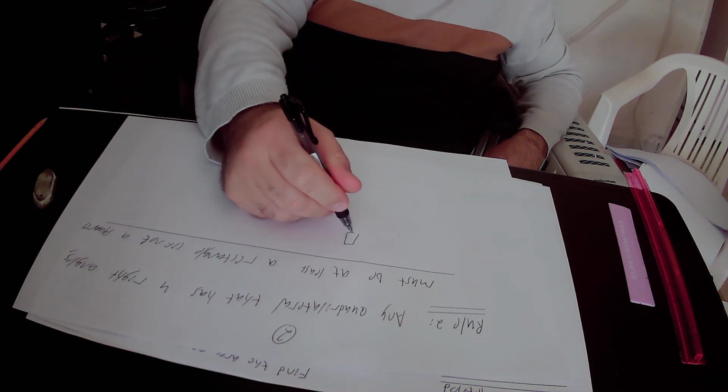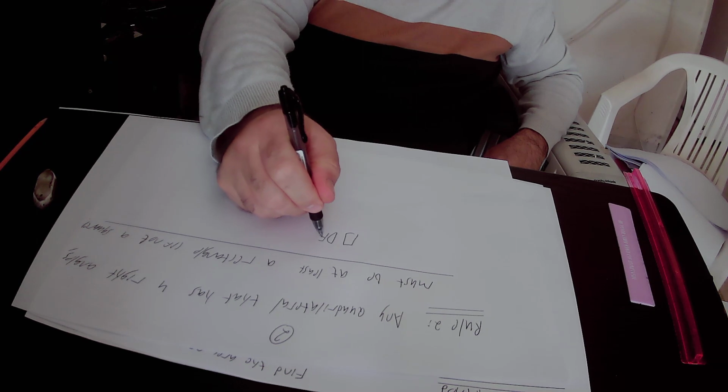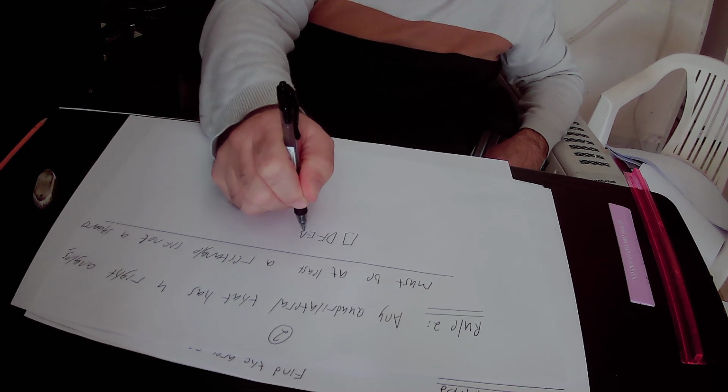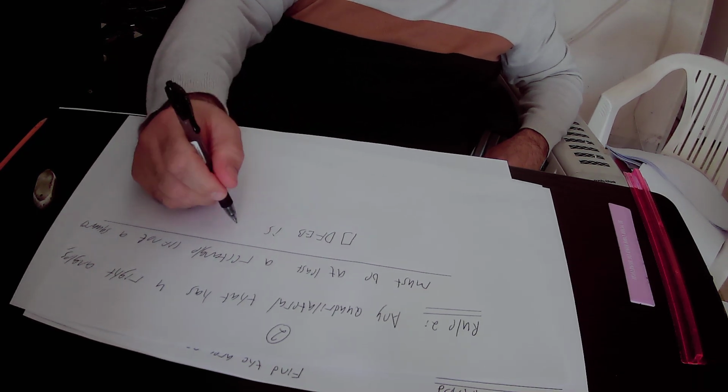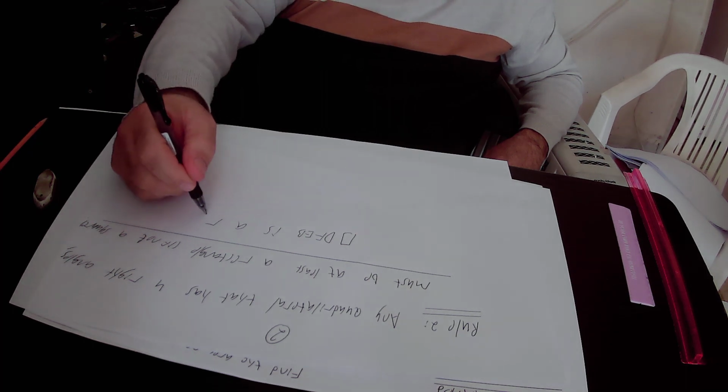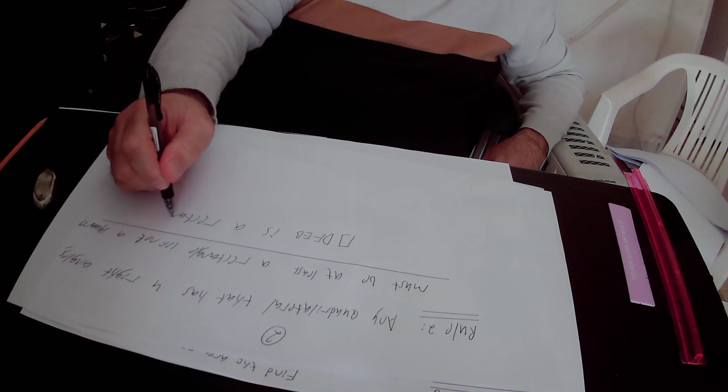According to rule number 2, quadrilateral DFEB is a rectangle because it has 4 right angles.